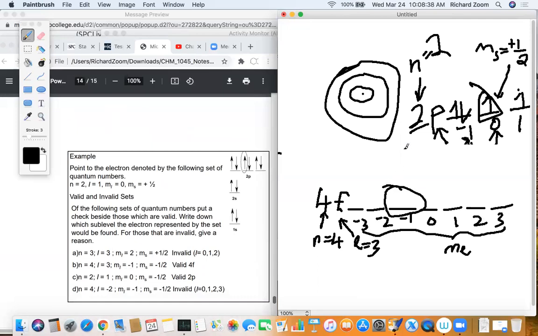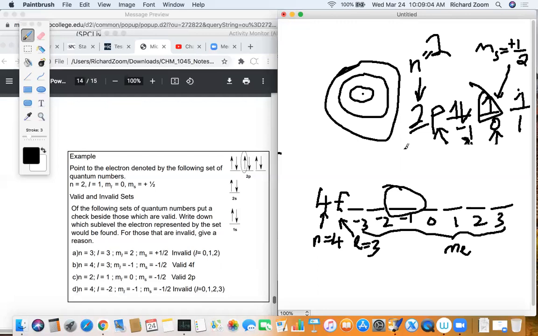All right, I'm going to stop there for a second. So up to this point, we've got something valid. Does anybody have any questions? So now we've zeroed in. Go ahead. Oh, so the m doesn't help you figure out the exact atom, it just helps you figure out the type of atom? No, all it's really doing is figuring out where the electron is in the electron configuration, Joseph.